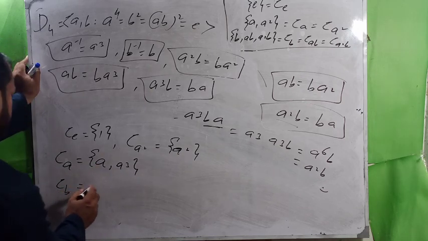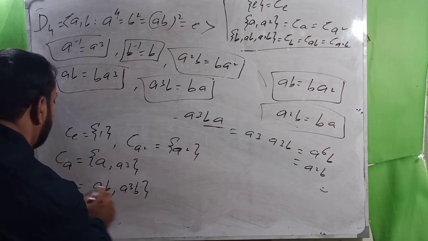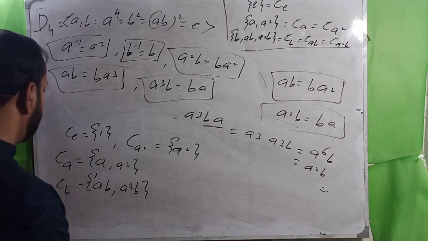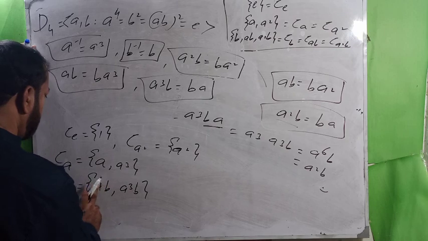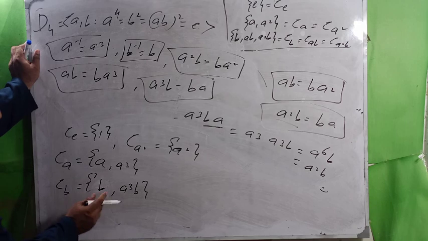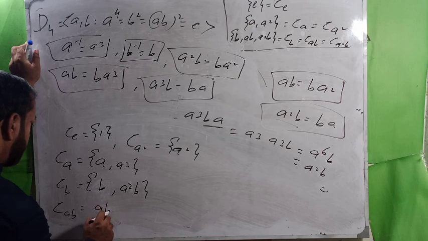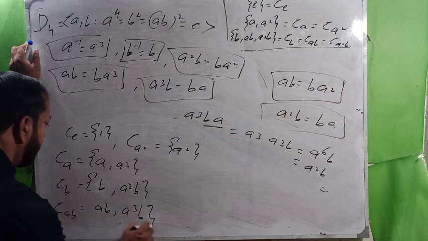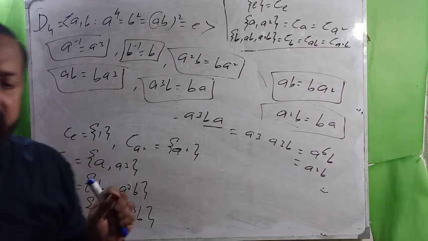Then C B will be equal to B, A B, A cube B, and then you have another class which is A B, A square B. This is B. You see that this is B because this class must contain B, A square B, and then C A B. This class is A B and A cube B. So these are the five conjugacy classes for D4.